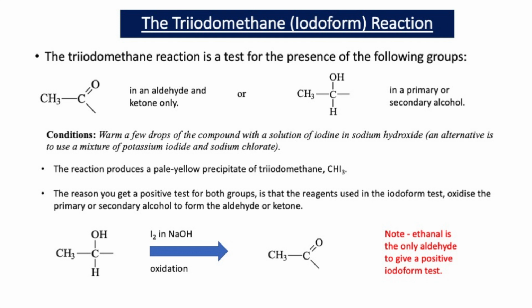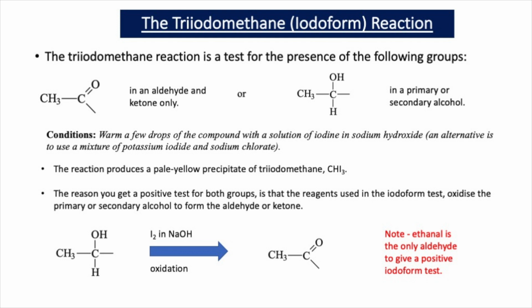And if you have a CH3 attached to a COH, this will oxidize when you add the iodine in sodium hydroxide to a CH3 bonded to a C double bond O.